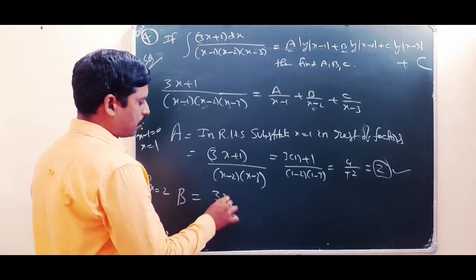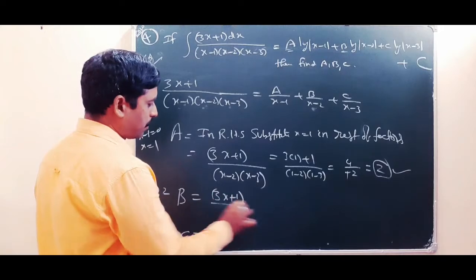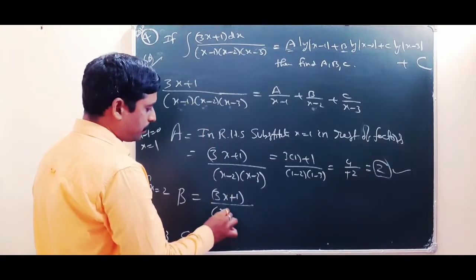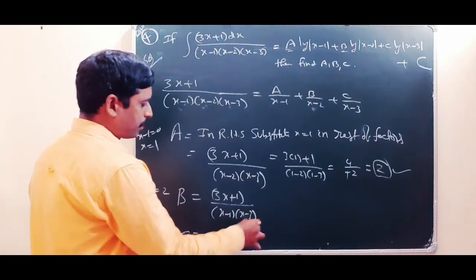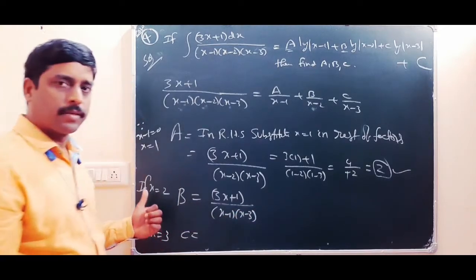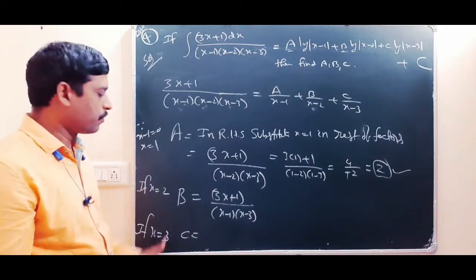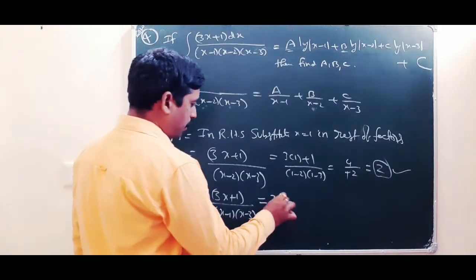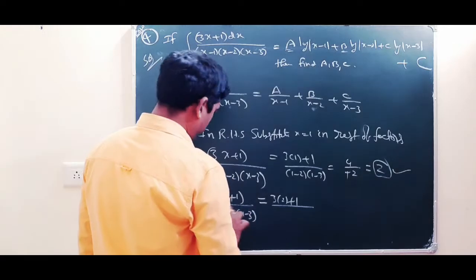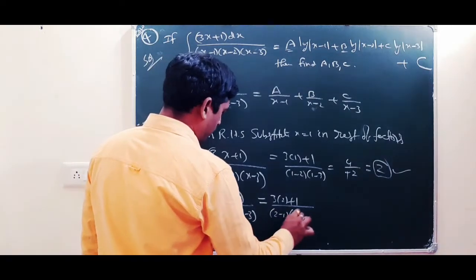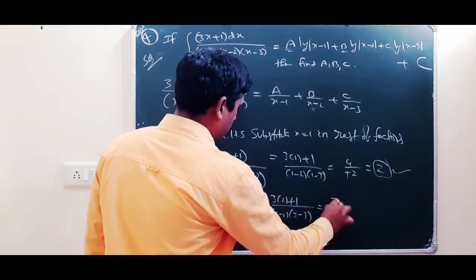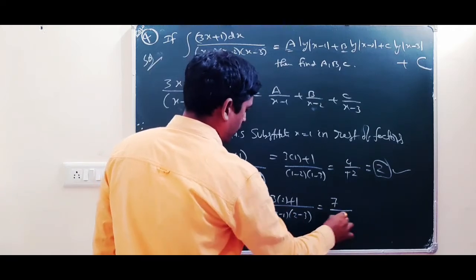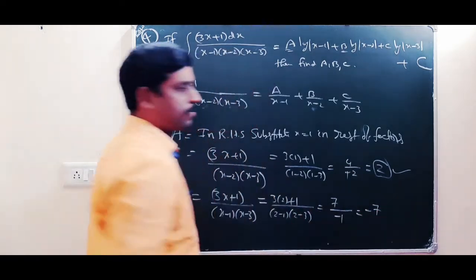So what is the right side value? 3x plus 1 by x minus 1 into x minus 3. So substitute x is equal to 2 in the rest of factors. 3 into 2 plus 1 by 2 minus 1 into 2 minus 3. 7 by minus 1, that is minus 7. Okay, b value is minus 7.